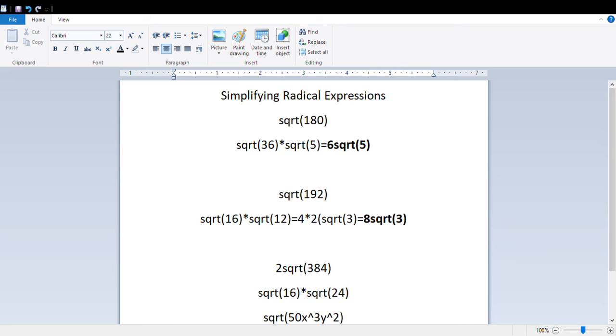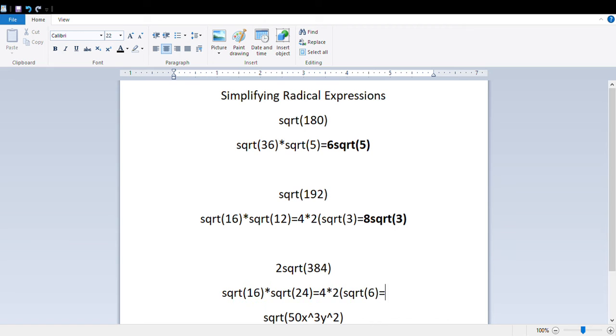In case I did say that, just make sure, guys, that it's the square root of 24. I don't know why I decided to say square root of 14. That's my bad. Square root of 24. So this is equal to 4 times the square root of 24. For 24 you can do 6 and 4, and obviously the square root of 4 is 2. So again, times 2, and then the square root of 6.